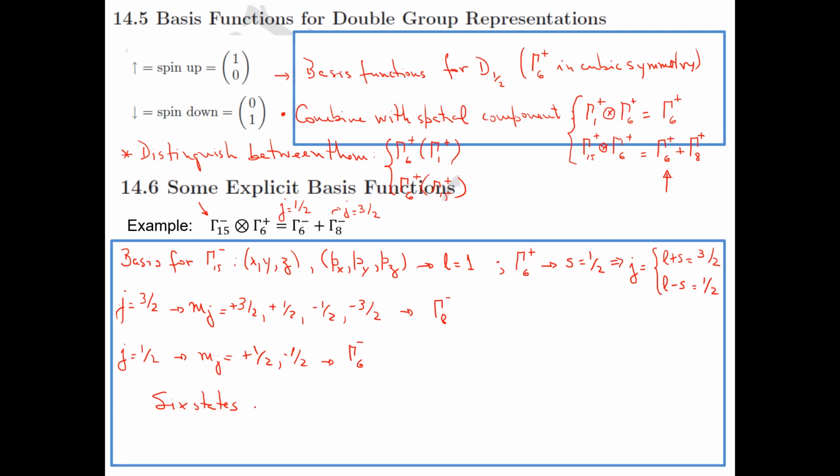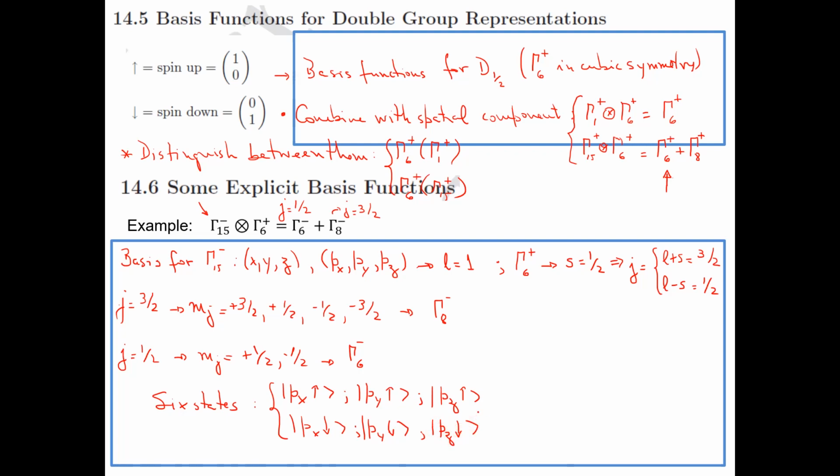So initially I have the states px spin up, py spin up, and pz spin up. Also px spin down, py spin down, and pz spin down.